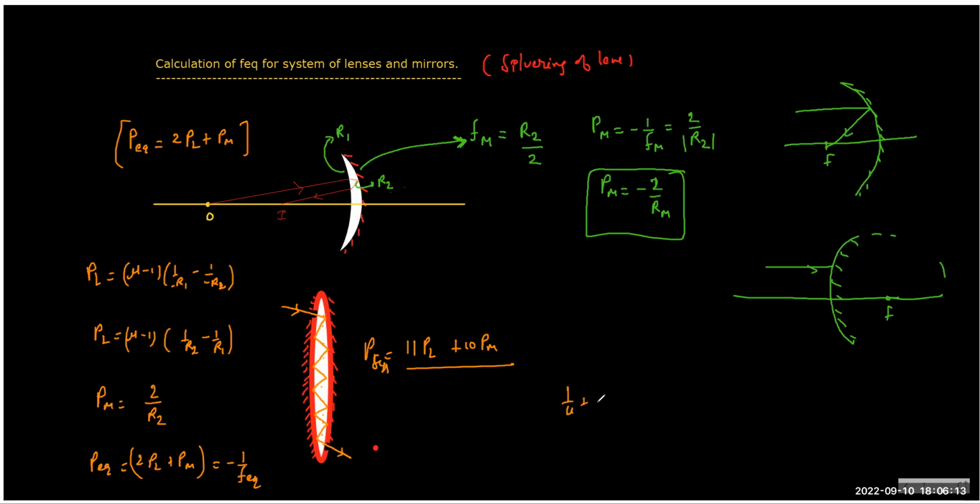So 1 by U plus 1 by V is 1 by F equivalent, and that is minus P. The U will be given to you, like here, and you can easily find V just using the formula. Understood? Yes. Okay, let me solve some questions.